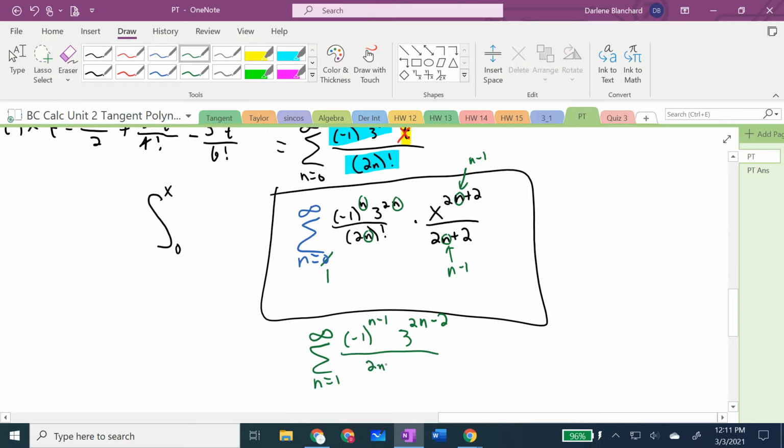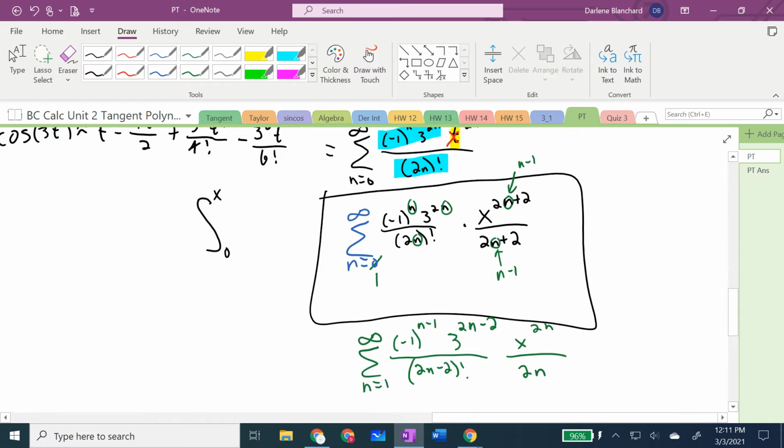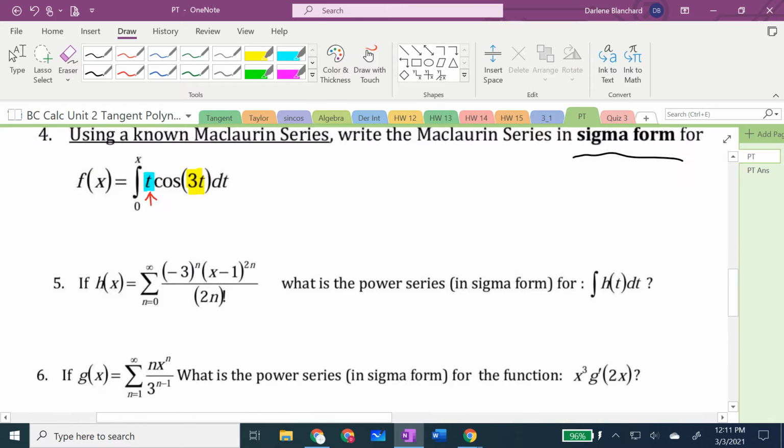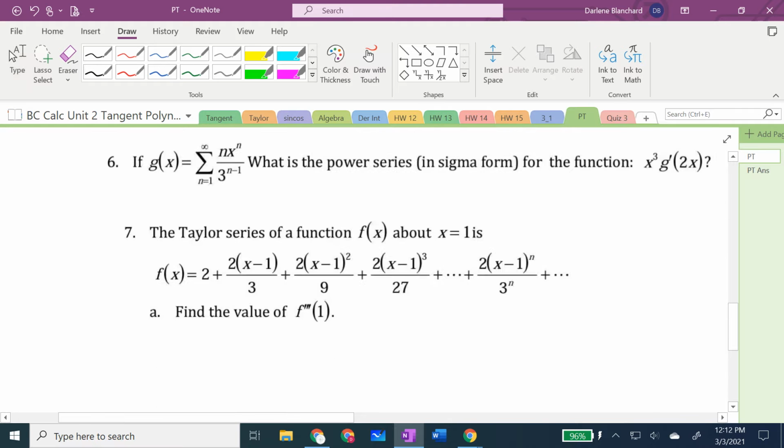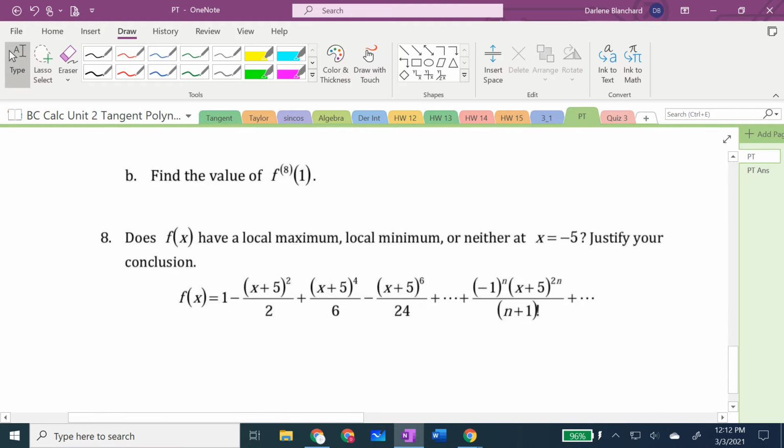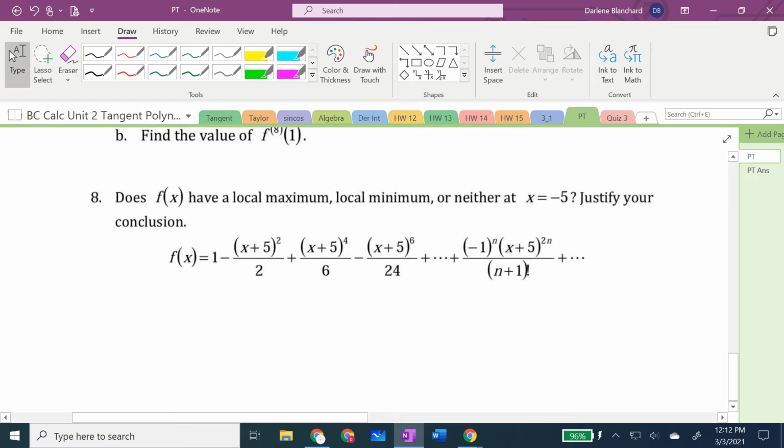And then that's going to be 2n minus 2. But then these will be, so those are equivalent. And that was number 4. Then I'm going to move over to number 8 and go over that one.